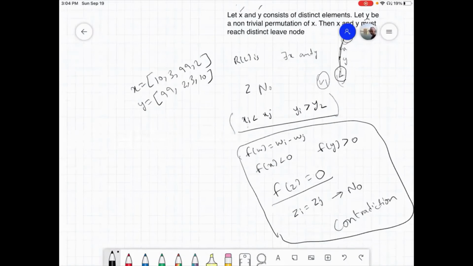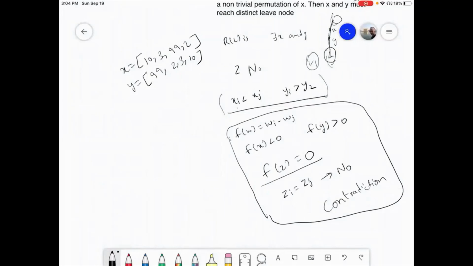Now we apply the sorting algorithm on X. Let's say pi of X is a sorting algorithm. Once you sort this, let's say this is the lower index, this is the least element, right? The lowest element, 2, is at the index position 4. So we are actually moving the index position 4 to 1.